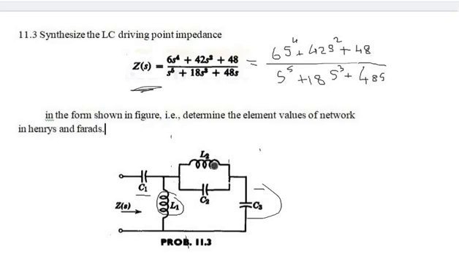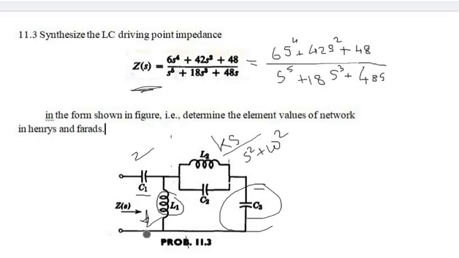This might be in that format, Ks divided by s squared plus omega squared. So it is somewhat complicated. Instead, before going to that, we can find this capacitance. Again, this capacitance represents a pole at origin of an impedance function, and L1 represents a pole at origin of an admittance function.